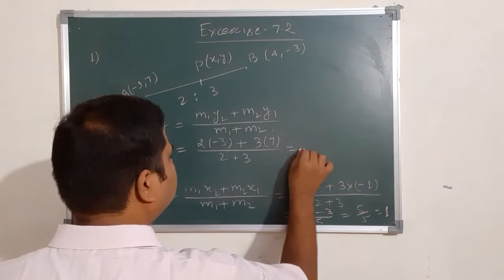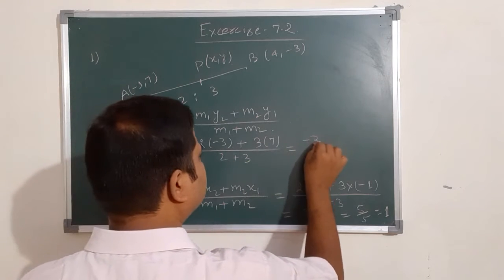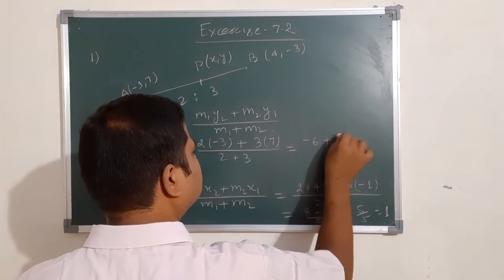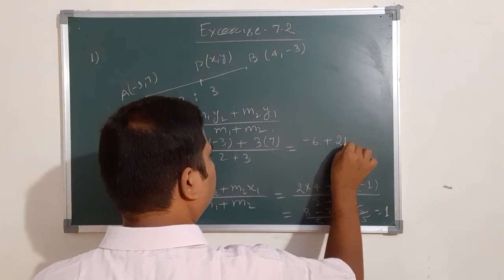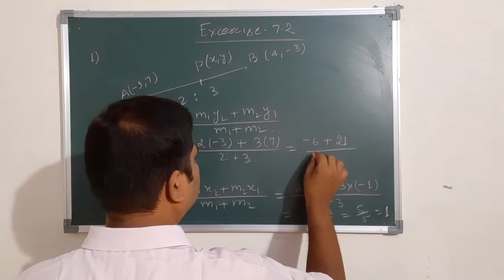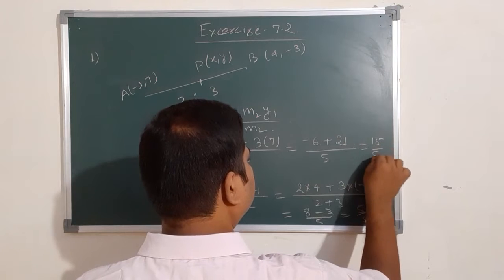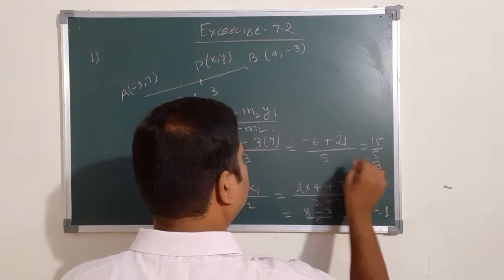This becomes -6 plus 21 divided by 5, which is 15 by 5, so this is 3.